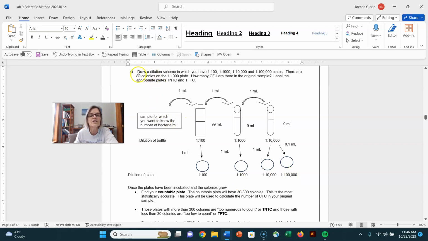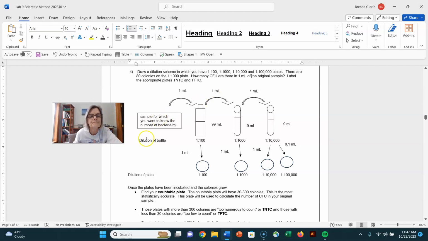So the first thing the question asked me is draw a dilution scheme in which you have 1 to 100, 1 to 1,000, 1 to 10,000, 1 to 100,000 plates. So there's our 4 plates that we made. After you've incubated these plates overnight, it says there are 80 colonies on the 1 to 1,000 plate. So on this plate, there's 80 colonies. You can count them. And it says how many CFU, colony forming units, which we'll say is equivalent to the number of cells, are there in a milliliter of the original sample.